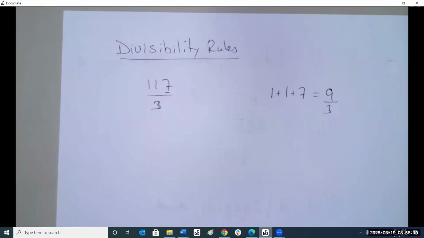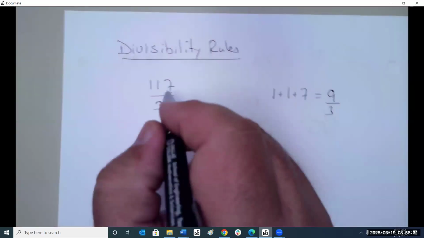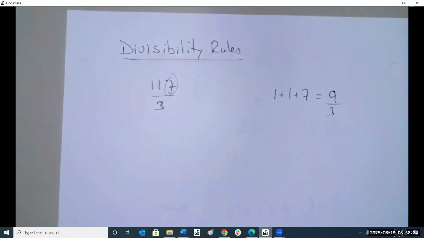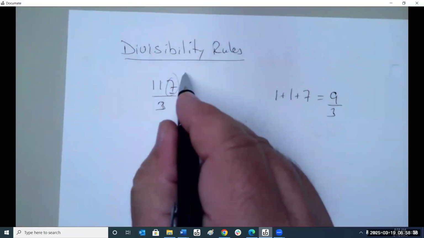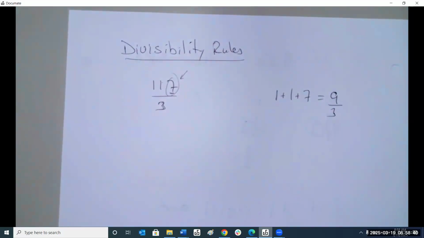So it has to be divisible by 2 twice. To be divisible by 4, you have to be able to divide it by 2, and whatever you get, divide it by 2 again. That's not because it's an odd number. Is it divisible by 5? No, because the last number is not a 0 or a 5.